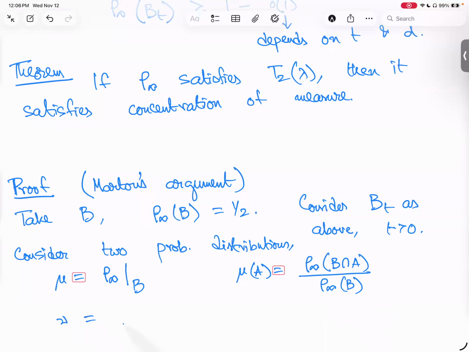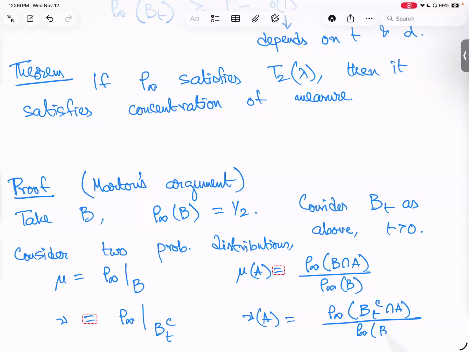And nu, which is rho infinity conditioned on the BT complement. So again, what is nu of any set A? This is rho infinity of BT complement intersection A divided by rho infinity of BT complement. Because I'm looking at two conditional distributions, two conditional measures. One is rho infinity conditioned to lie inside B. The other is rho infinity conditioned to lie in the complement of BT. Make sense?